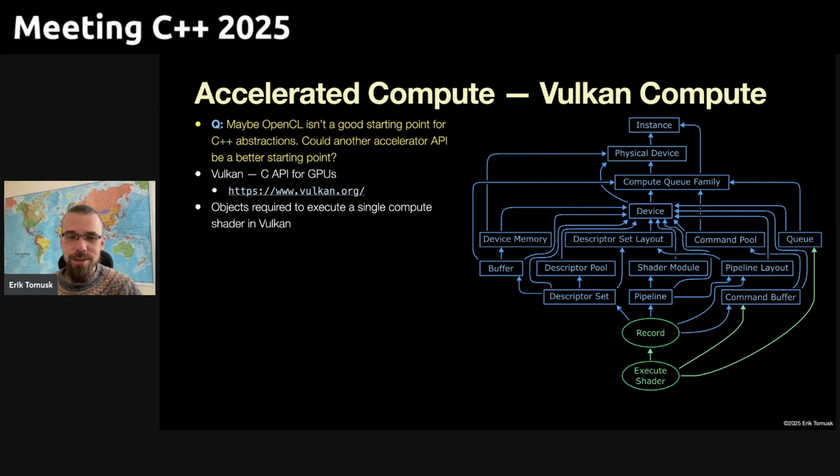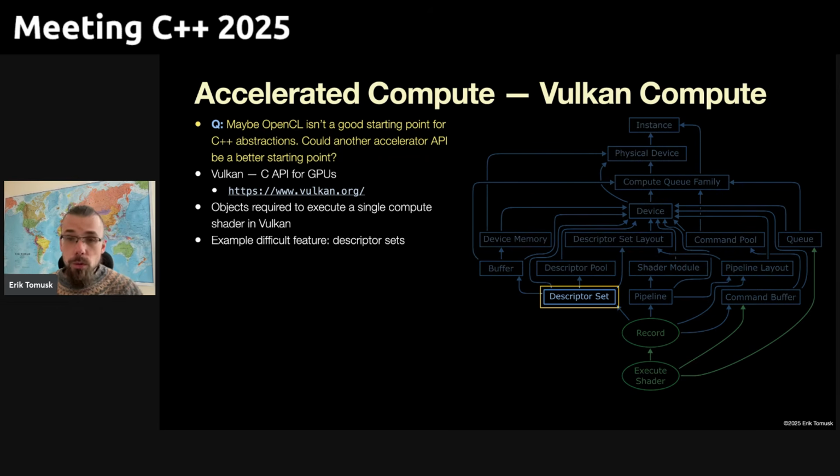Vulkan is crazy complex. And you'll be pleased to know I won't be talking through this whole diagram. What I want to do is briefly highlight this Vulkan feature, which is the descriptor. In Vulkan, descriptors come from a pool, which means that there's a limited number of them, but also the pool kind of has ownership for the descriptors.